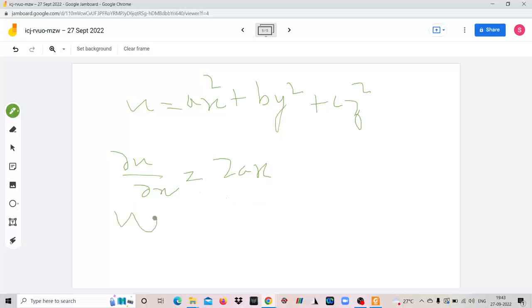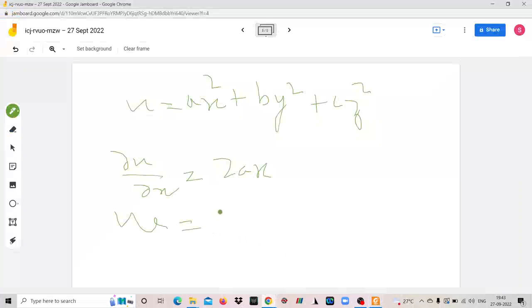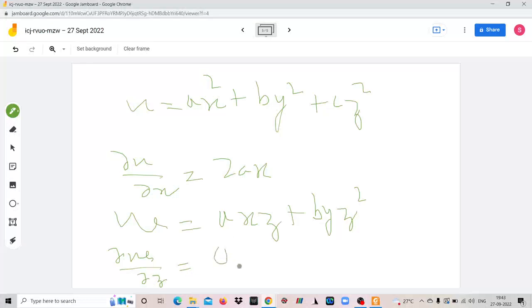And what is the expression for w? Expression for w is axz plus byz square. So del w by del z will be ax plus twice byz.